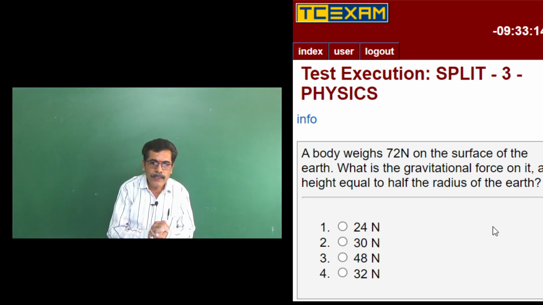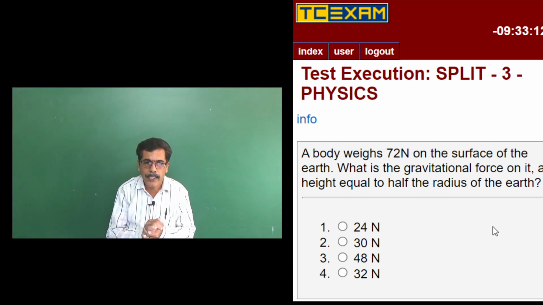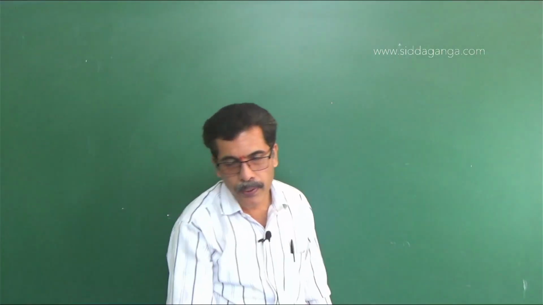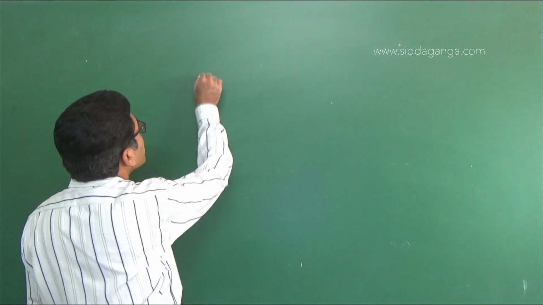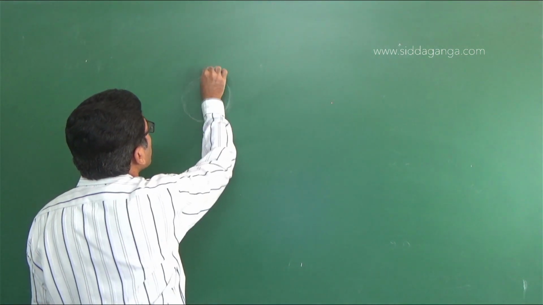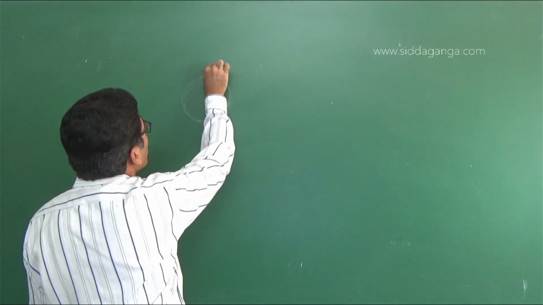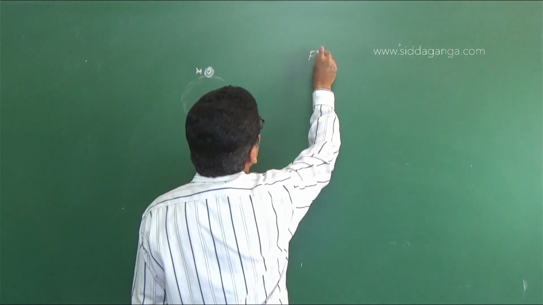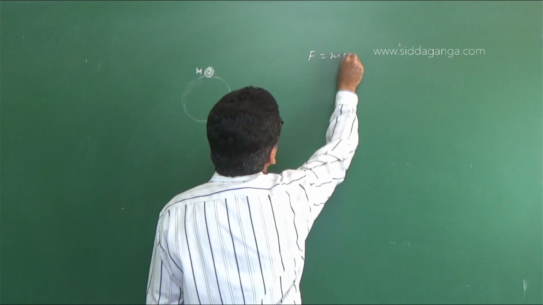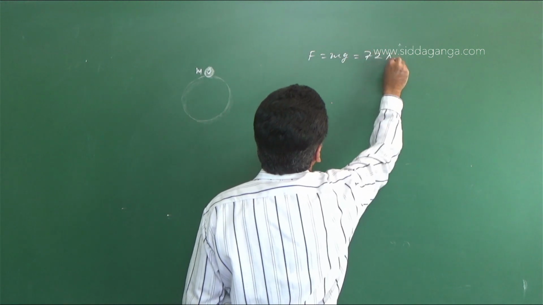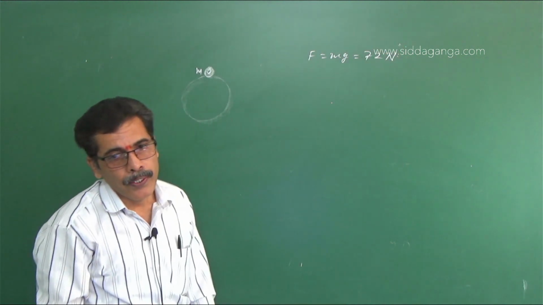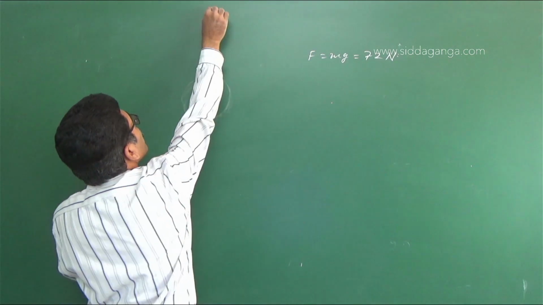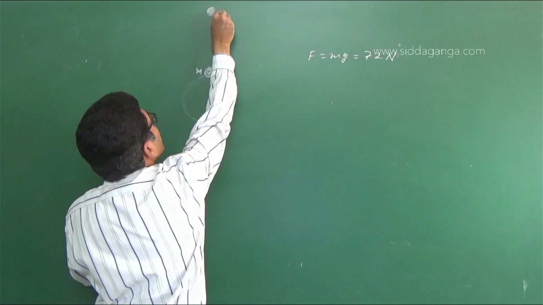Let me consider a body which is on the surface of the earth. This is the mass. Then you know that F is equal to m into g, which they have given as 72 Newton. And now you are taking this body to a certain height, somewhere here, at some height h.